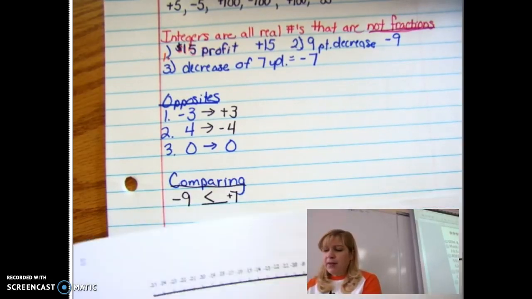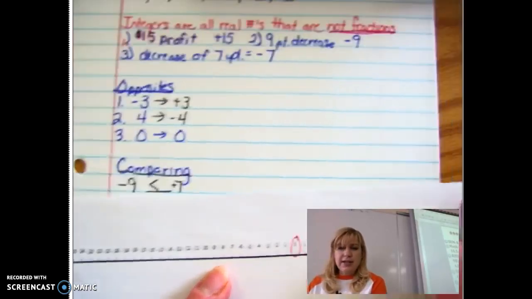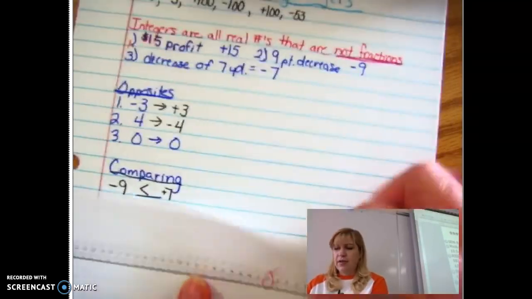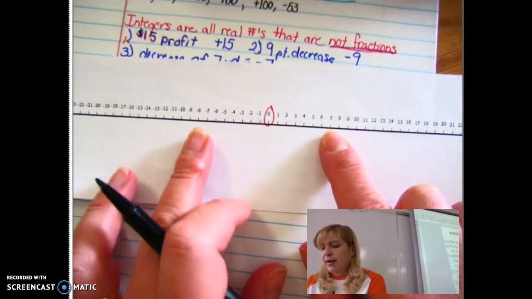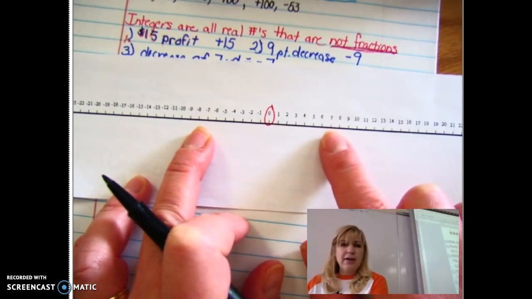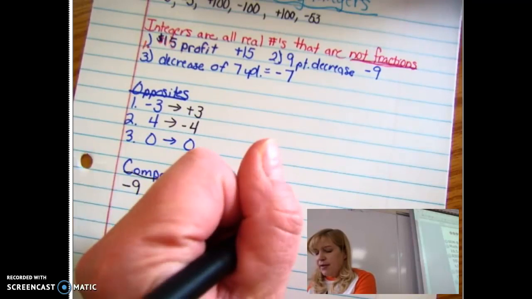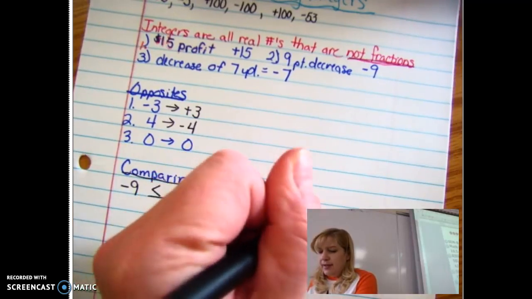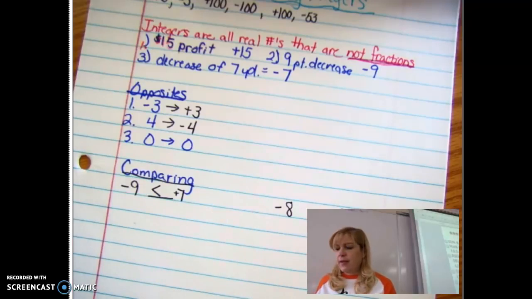If you need the number line to take a look at and say, okay, negative 9 is right here, move this up, and 7 is all the way up here, you can see that this is the higher number. Let's try to compare negative 8 and negative 9. Think about that one.